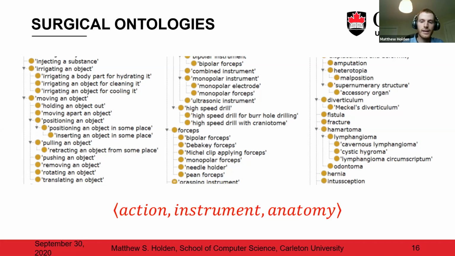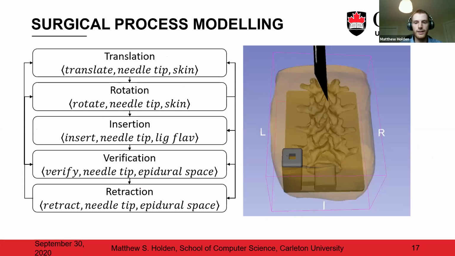And we can use these activities to build up what we call a surgical process model. A surgical process model is a list of all possible activities that can go on during a surgery and the possible transitions as well as their probabilities.